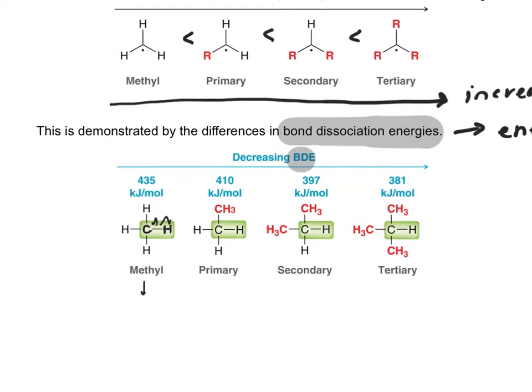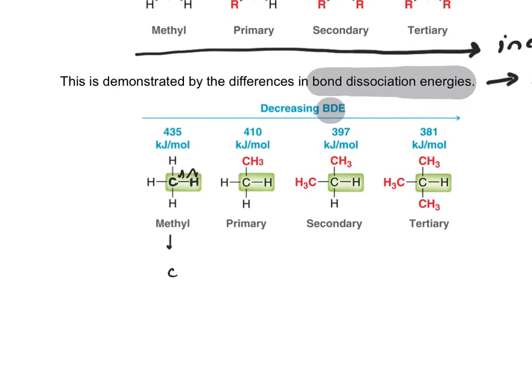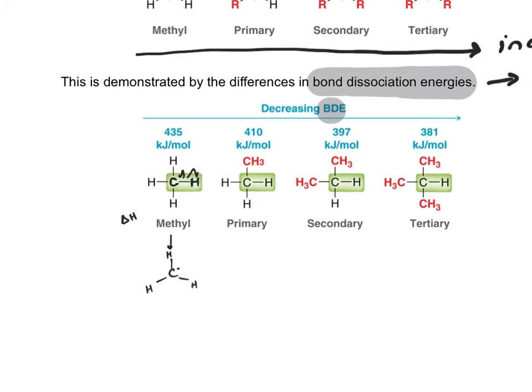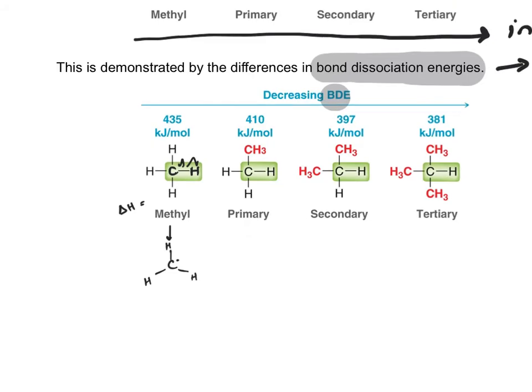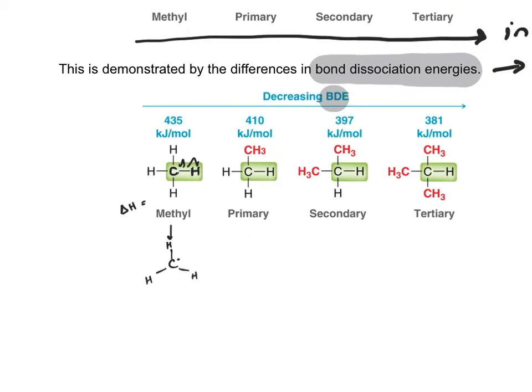In the process, we generate our methyl radical, so we get our hydrogen and our carbon radical, and we measure the overall energy required to make that process happen. For that carbon-hydrogen bond in a methyl group, the energy required to break the bond is 435 kilojoules per mole. Again, it's the energy required to produce this overall radical-based process.